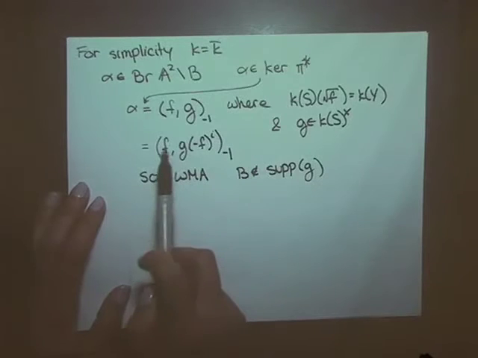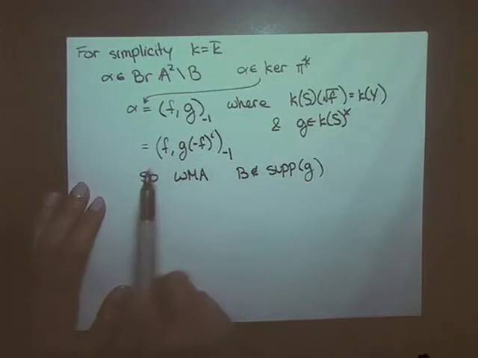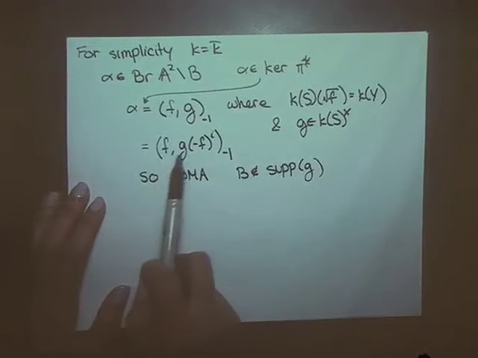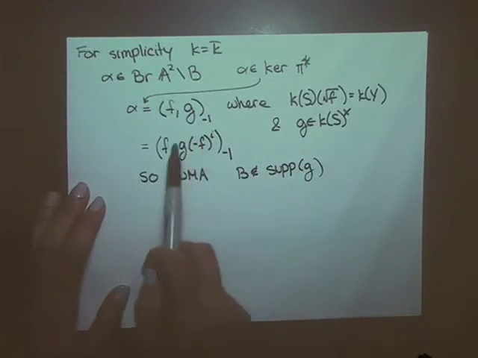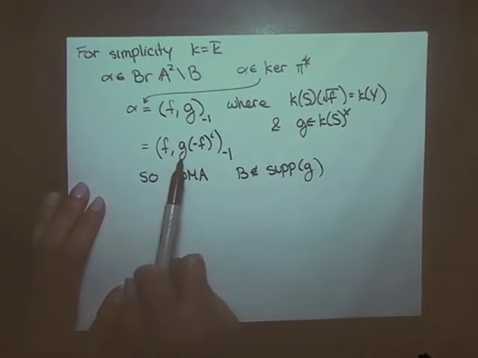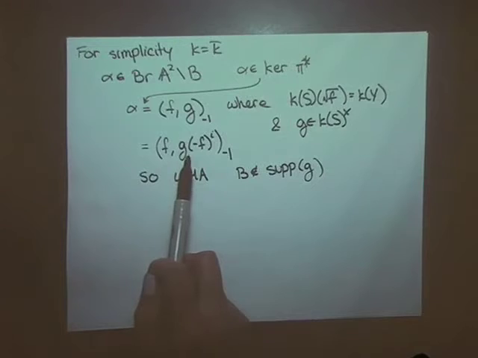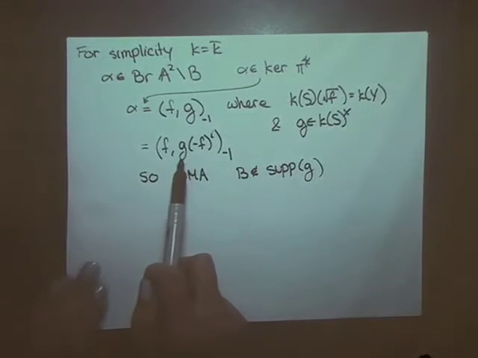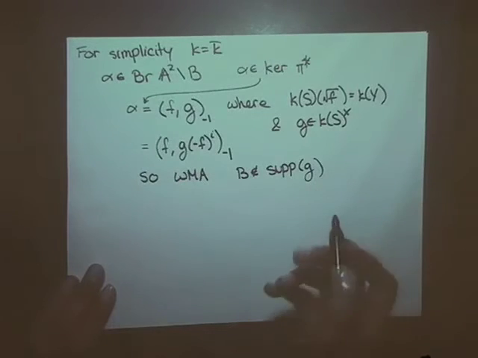Right, so f has odd valuation at b, because b is the branch locus of this extension. So I can raise this by some power to have even valuation, and then I can multiply by squares to make the valuation 0. So I might as well assume that the valuation of g at b is 0.